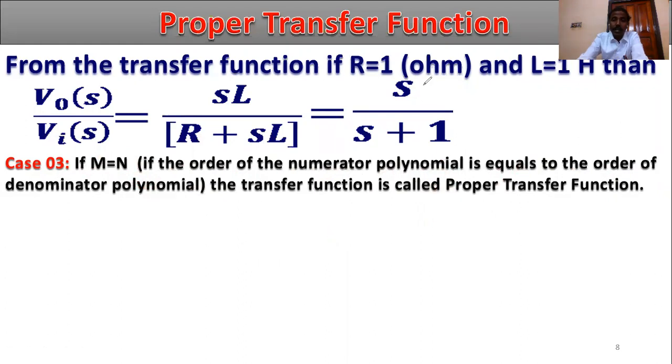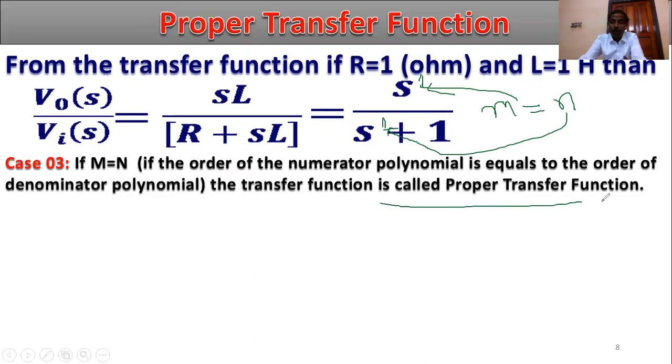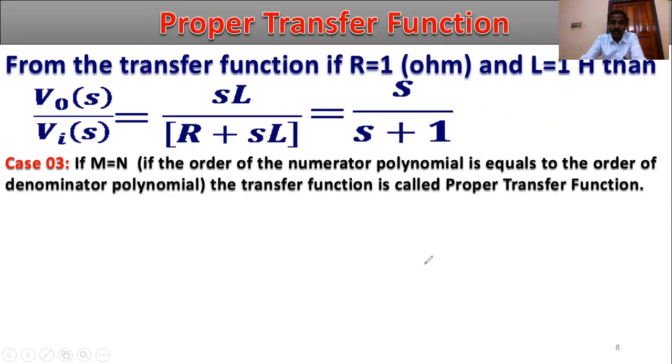In this case, the numerator polynomial has power 1 and the denominator polynomial also has power 1. So M equals N is called the proper transfer function. This is case number 3.